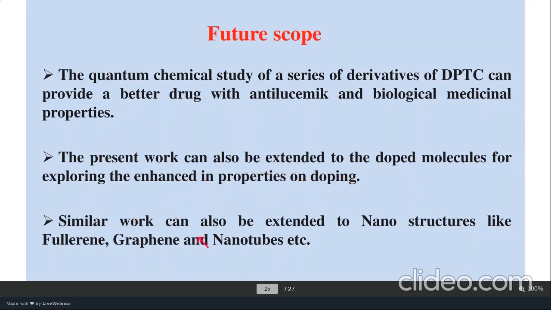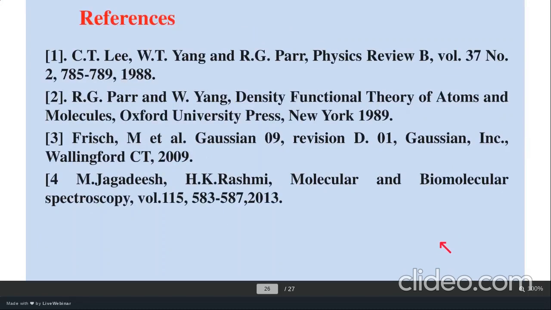Similar work can also be extended to nanostructures like fullerene, graphene, and nanotubes, etc. Our work can be extended to molecular docking also. We can dock our molecule with some proteins using software like VEDA, and we can conclude its biological properties also.